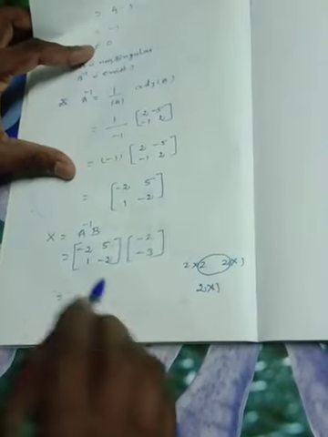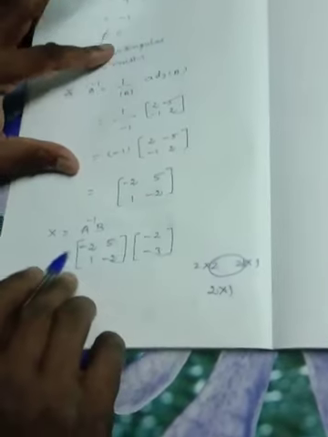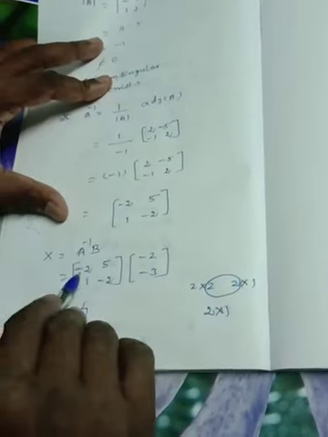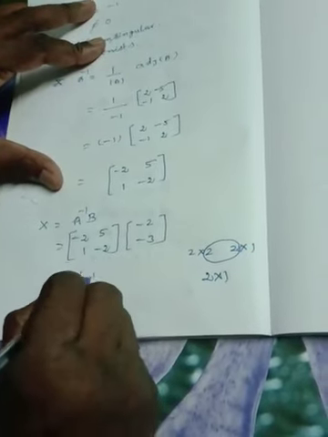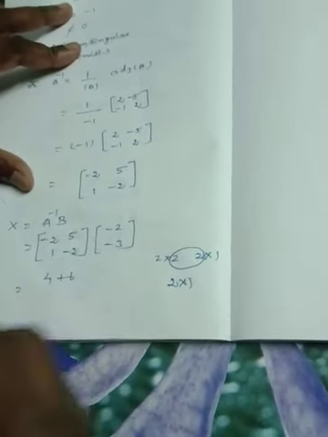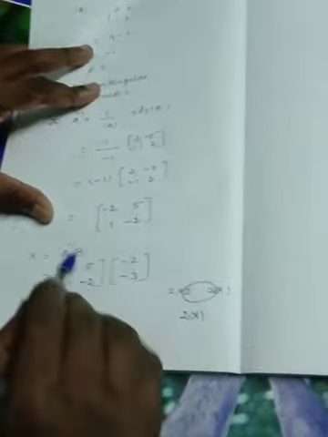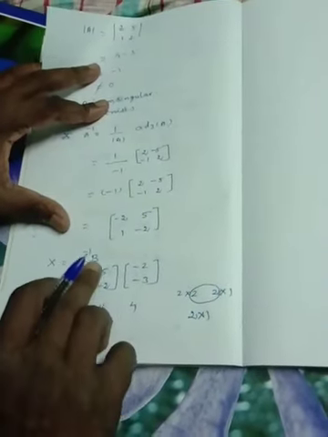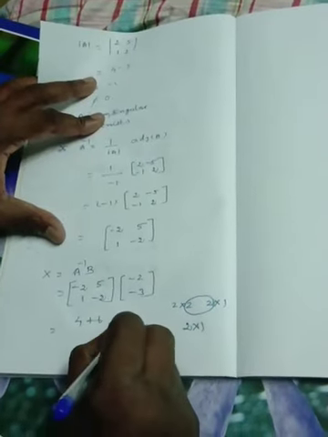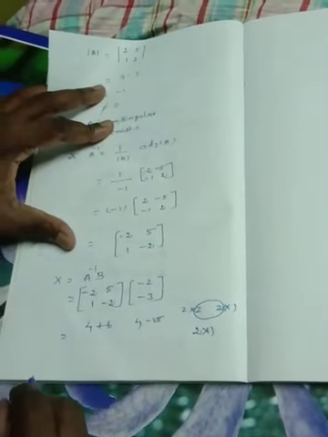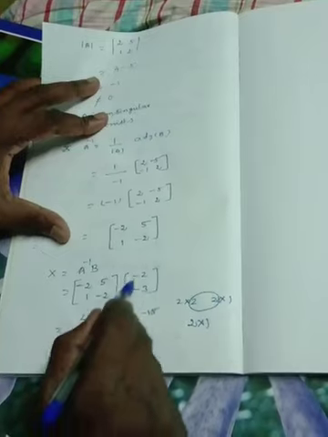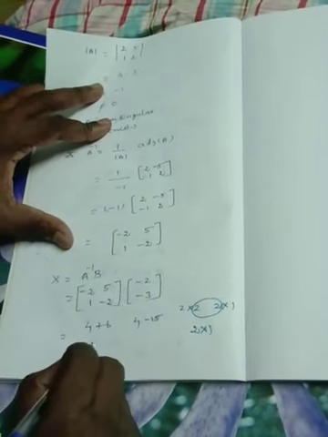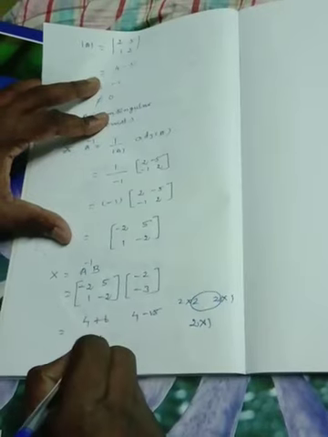The answer is equal to: first row, first column, minus 2 into minus 2 is positive 4, 5 into minus 3 is minus 15. Second row, first column, minus 2 plus 6.